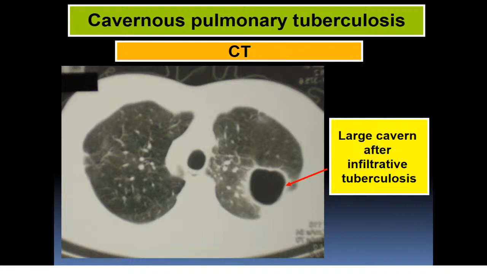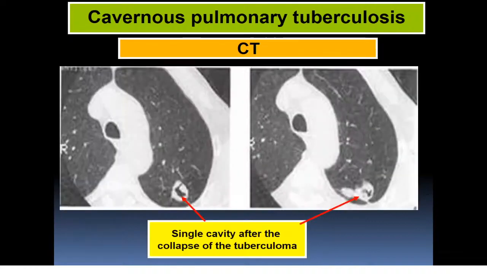And do you see this cavern, this cavity is empty, contents absent inside of the cavern. This is typical for cavernous tuberculosis because drainage in this form is formed, connection with the drainage bronchus.